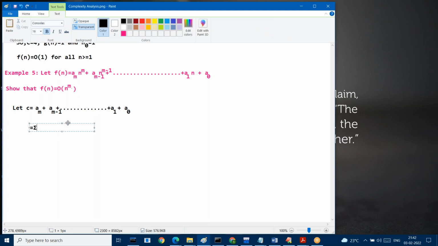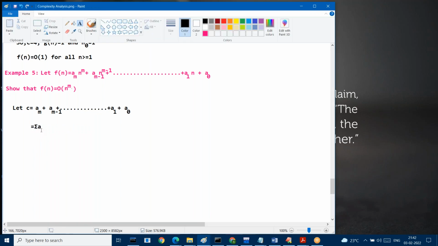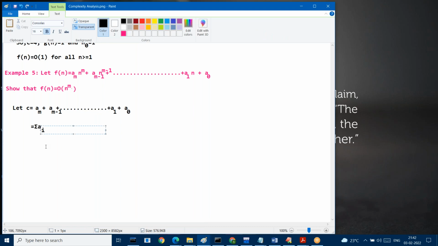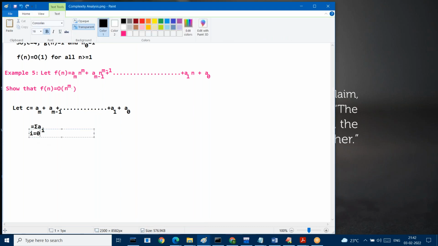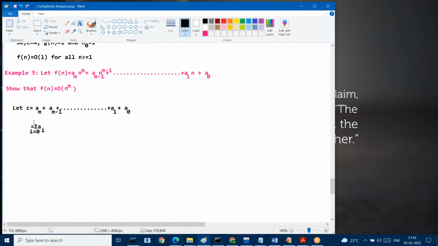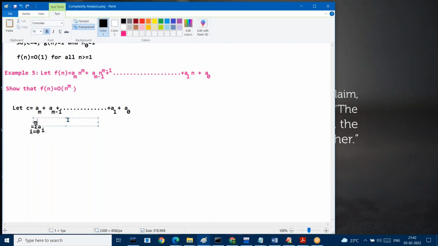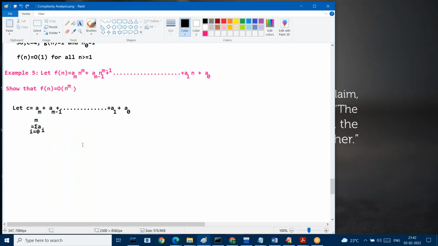That means summation of ai. We can write this thing as summation of ai. Then i will be varied from where to where, sir? i will be varied from 0 to m, 0 to m. Up to this i will be varied. This is what we can write, sir, from this one.